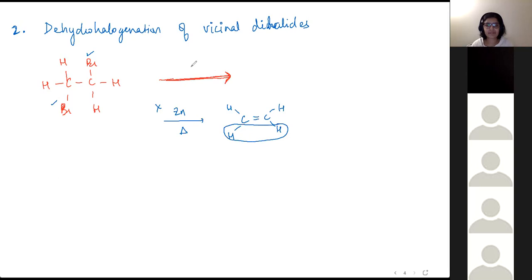So what did you use for dehydrohalogenation in general? Check your notes. Did we use electrolysis? No, that was for preparation of alkanes.